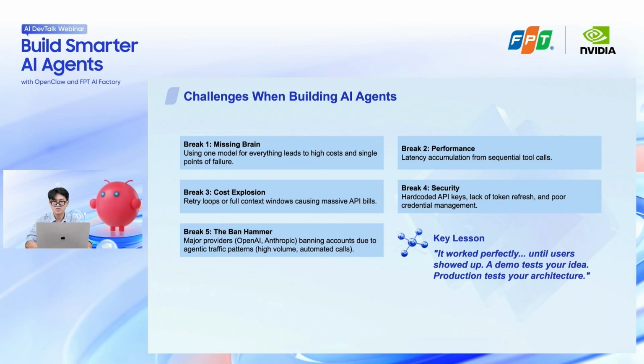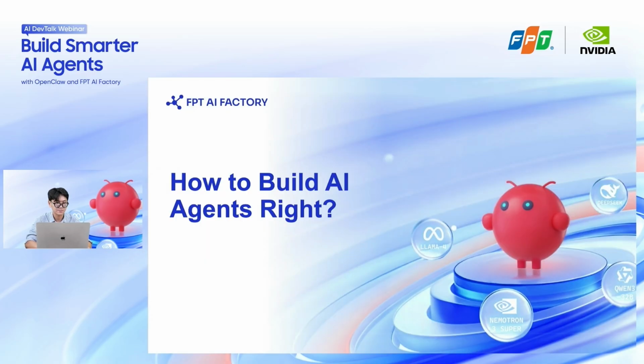So you cannot build a production system on a platform that might ban you for using it that way, right? This is exactly where FPT AI inference comes in, and this is what the demo is about. Okay, next. I'll show you how to build AI agents the right way with FPT Smart Cloud AI inference.